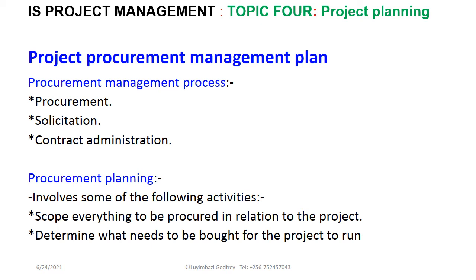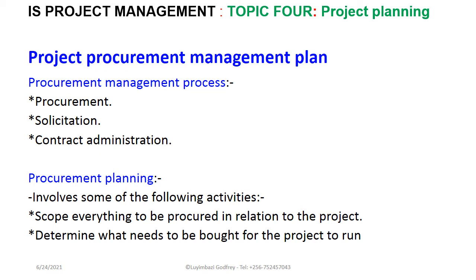Now, the procurement management plan should describe the type of contracts that we intend to sign with the various vendors, and we should also identify and clarify whether standard procurement documents will be needed in our project.